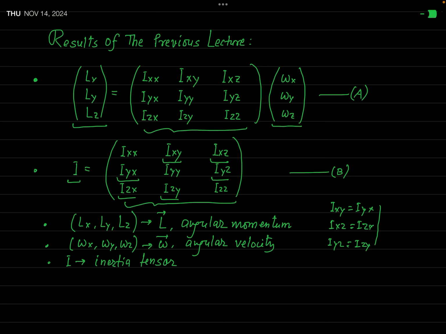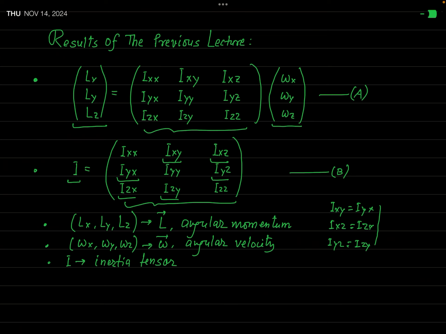Due to the symmetric nature of the inertia tensor I, we can choose a certain system of body axes with respect to which all these 6 off-diagonal elements will be equal to 0.